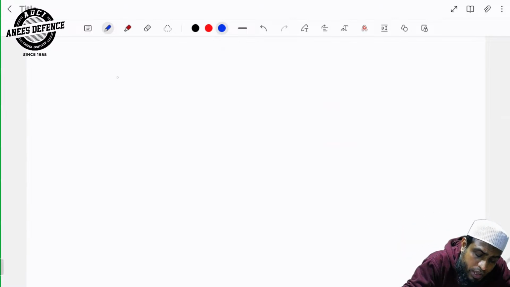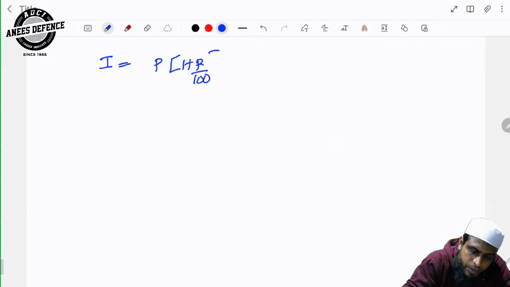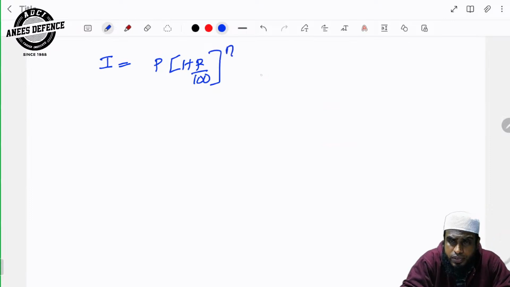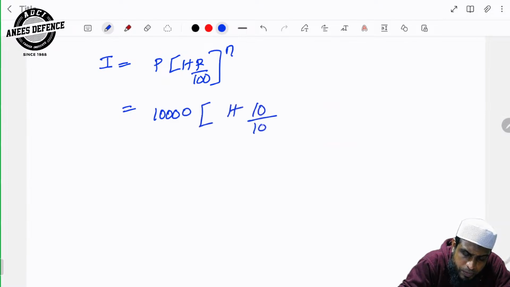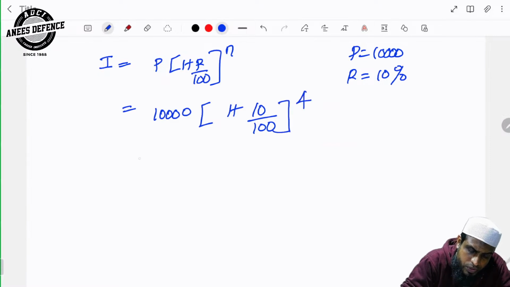So the compound interest formula is I equal to P into 1 plus R by 100 raised to N. This is the total amount after N years. So the principal amount P is 10,000. R is 10% after 4 years.